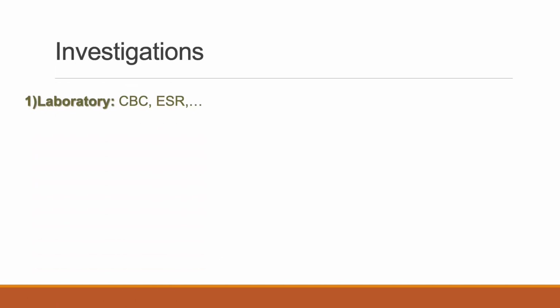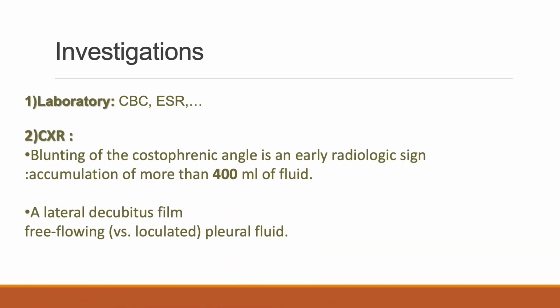The investigations will start with the normal routine labs, and we will also direct the lab assessment towards the cause. If we are suspecting autoimmune disorders, or infection, then we will request the specific lab investigations. Then we will do a chest x-ray, which is a rapid assessment for pleural effusion.